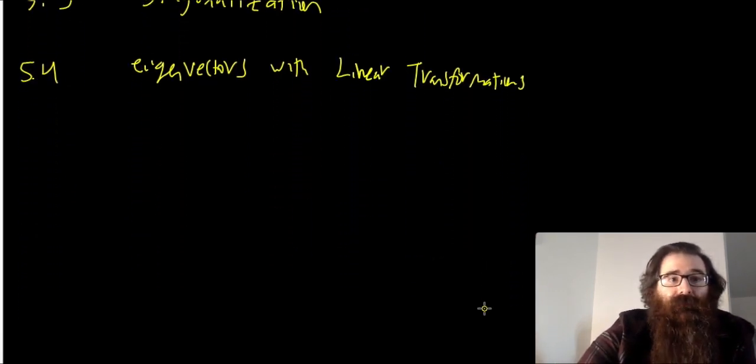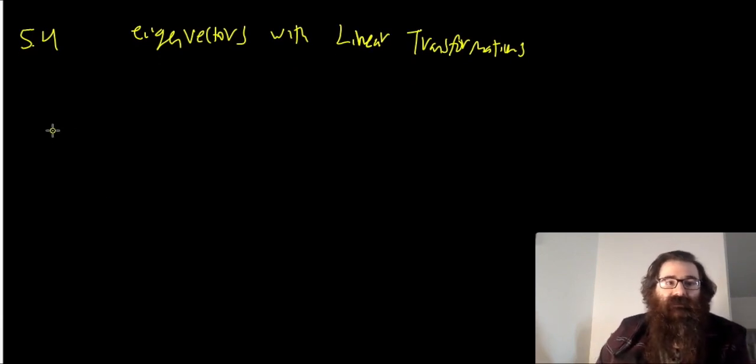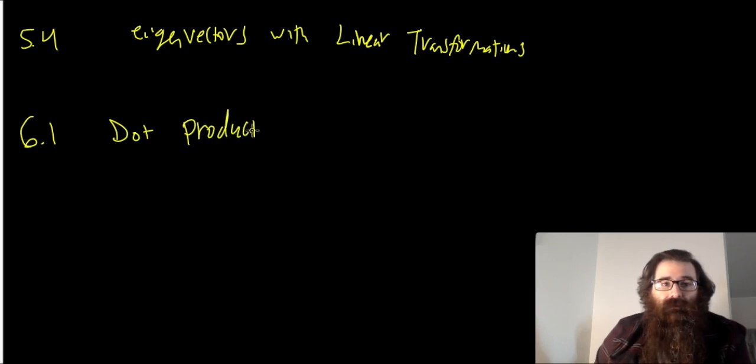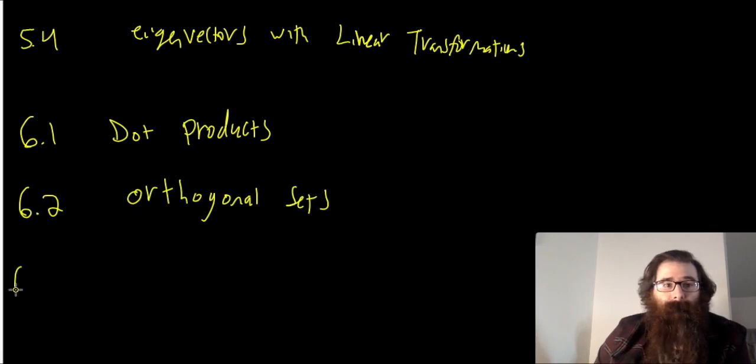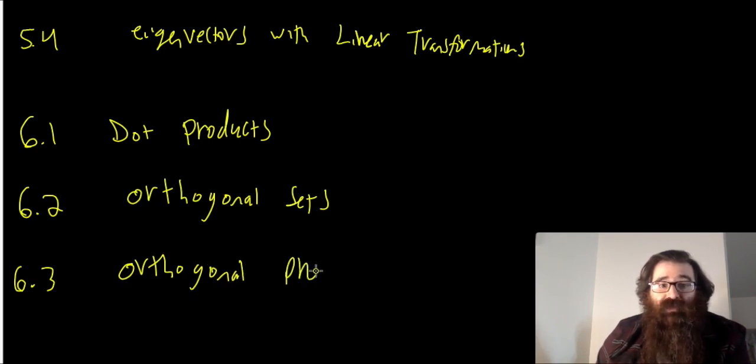And then that brought us to chapter 6. We had section 6.1 with dot products, 6.2 with orthogonal sets, 6.3 with orthogonal projections.